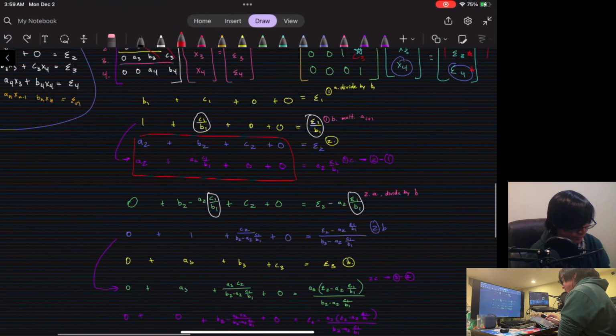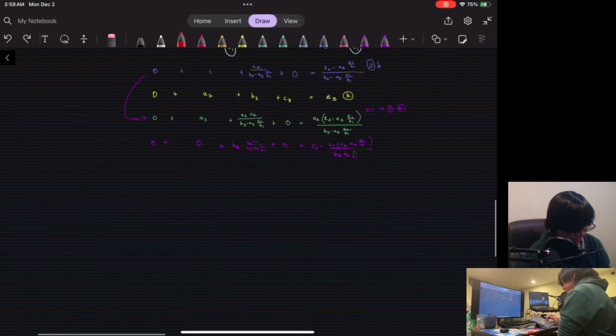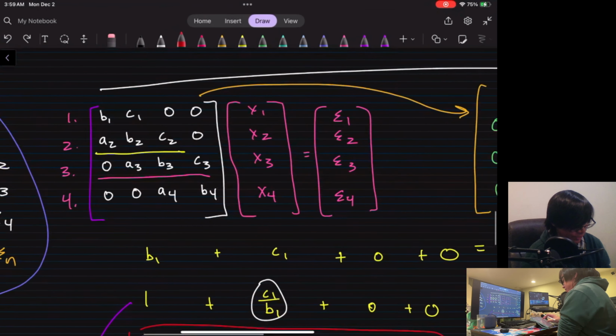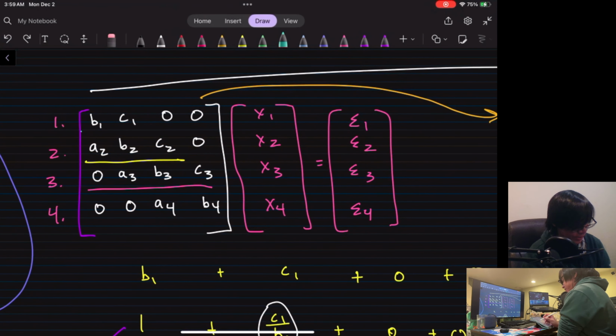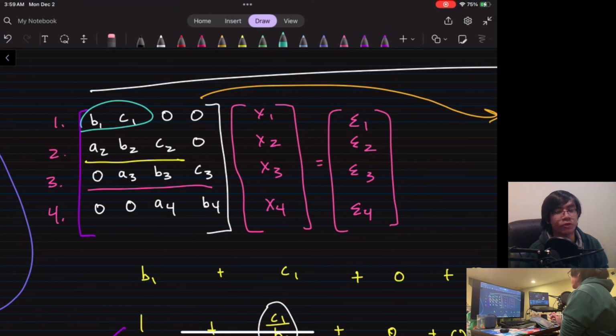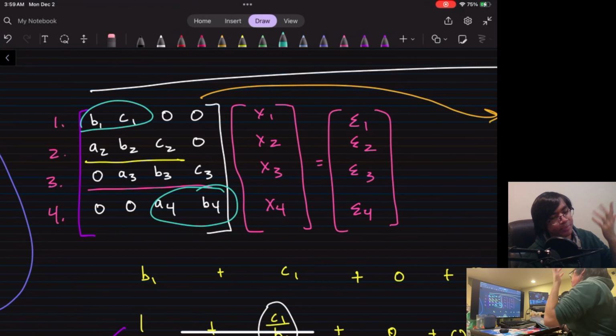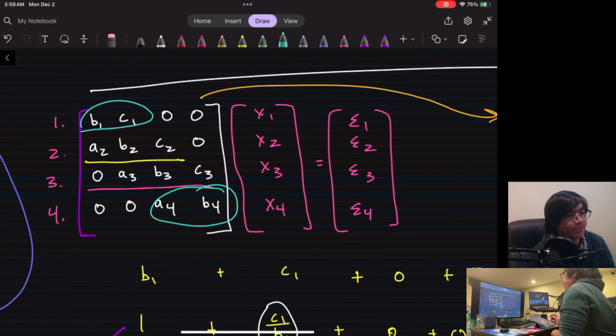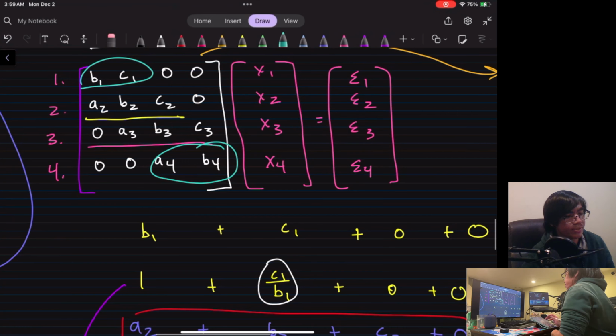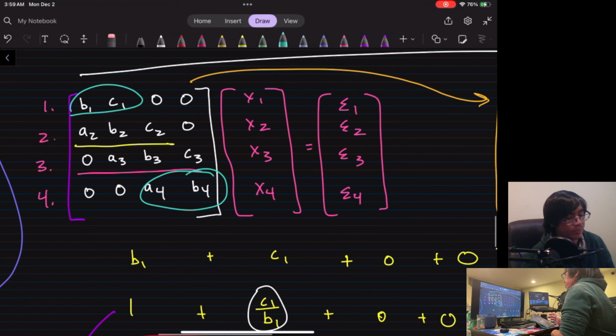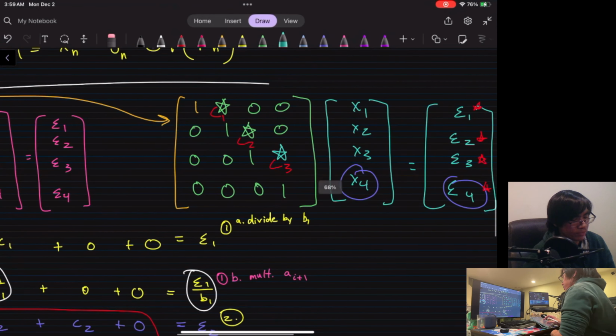So these we won't necessarily need to do a loop for, since they're a bit different. They don't have that A term. So for the top term, we can just hard code it: first row, dividing C1 over B1, epsilon over B1. So we're trying to achieve this format.